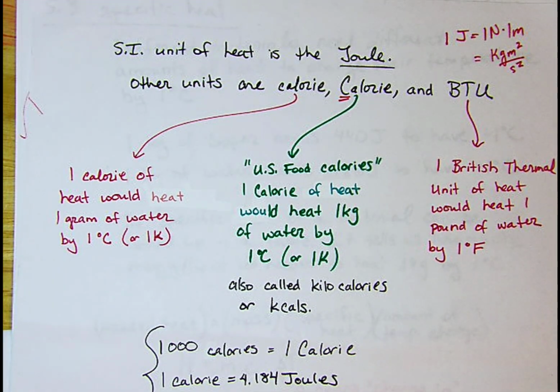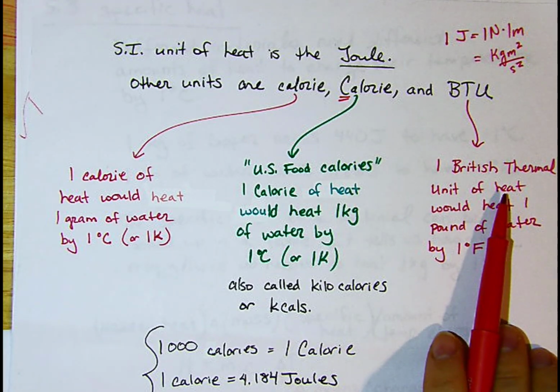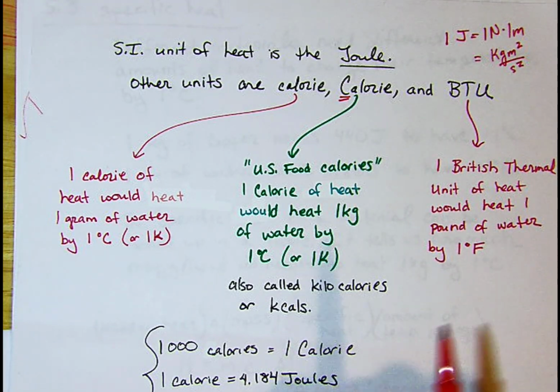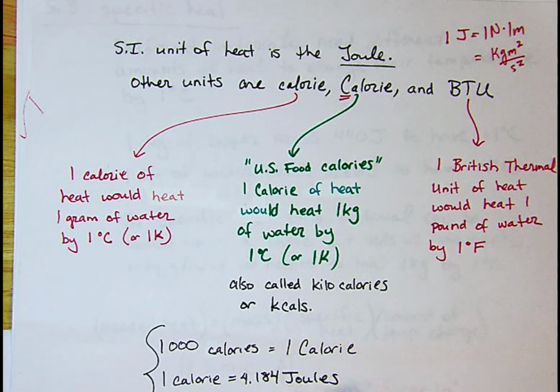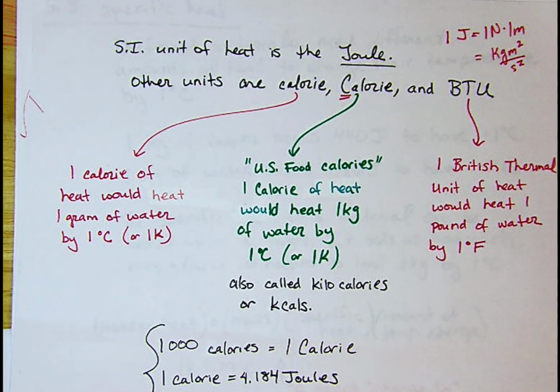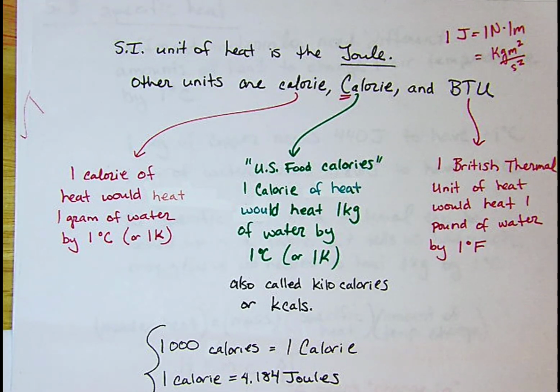While I'm getting frustrated at units, let me introduce the British thermal unit. It is the amount of heat you would need to raise the temperature of 1 pound of water by 1 degree Fahrenheit. If I could pick 2 of these that we should agree to use, it would be the joule and the calorie.